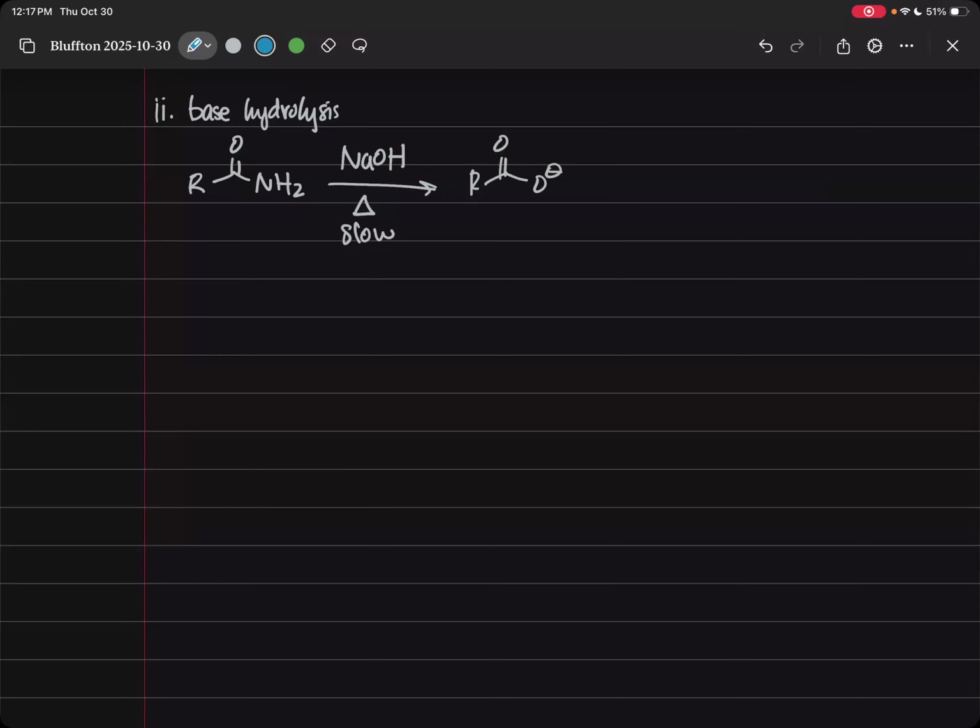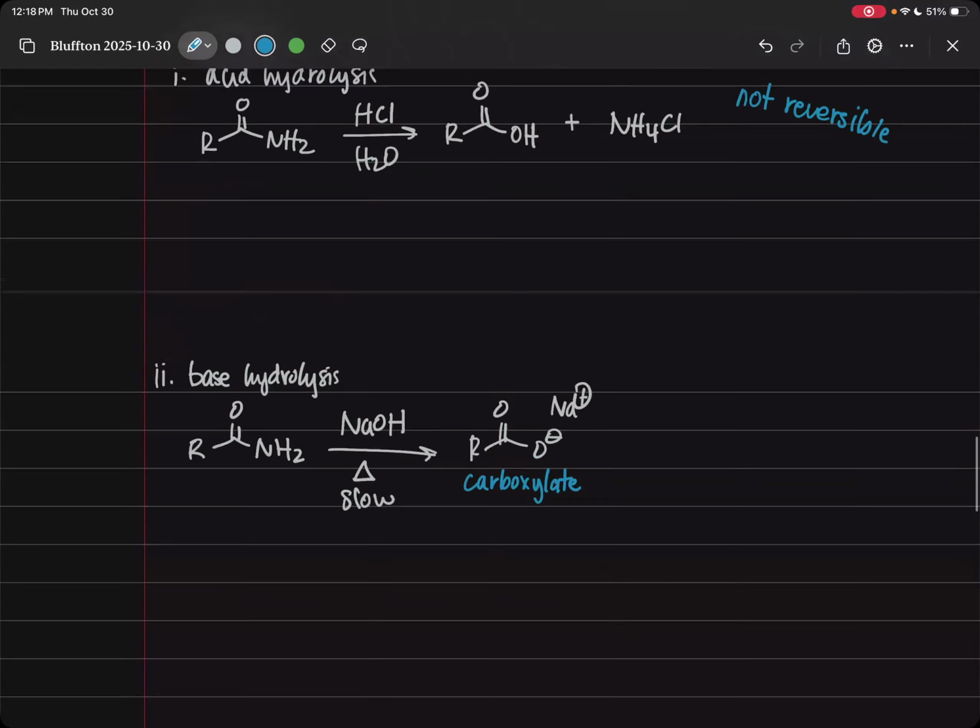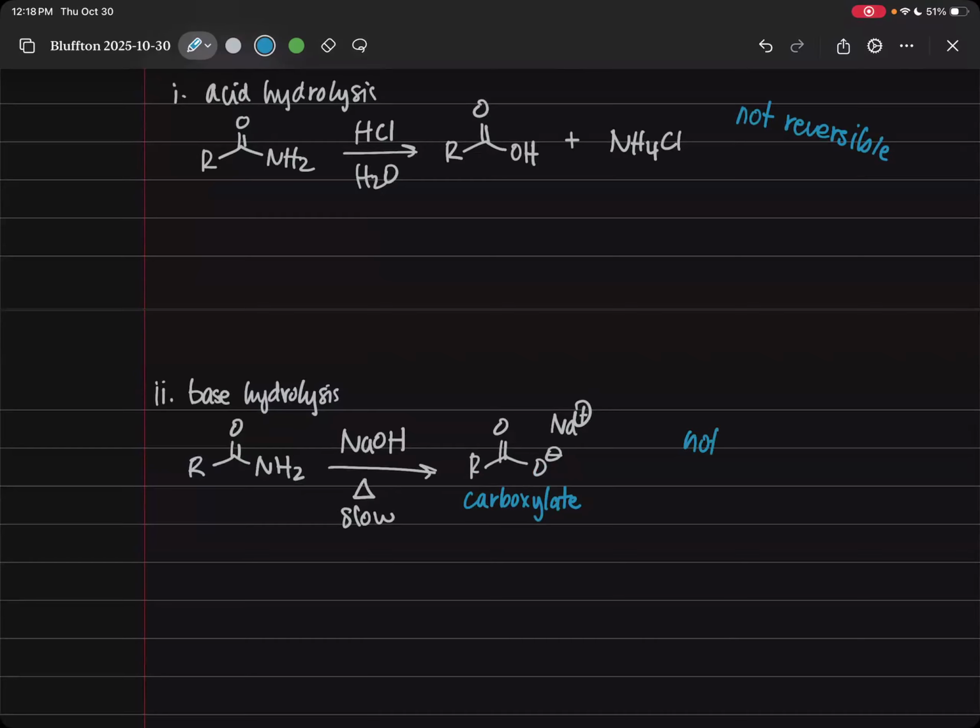Because you're under basic conditions and you have hydroxide around, you can't make the acid because that's just going to react with the base that you included. And so the product of this is actually going to be the carboxylate, the sodium salt, and like the acid hydrolysis up here, that reaction is not reversible.